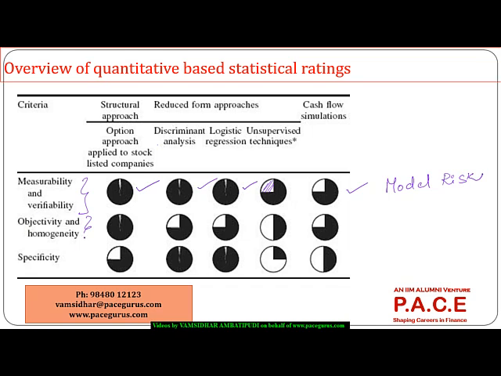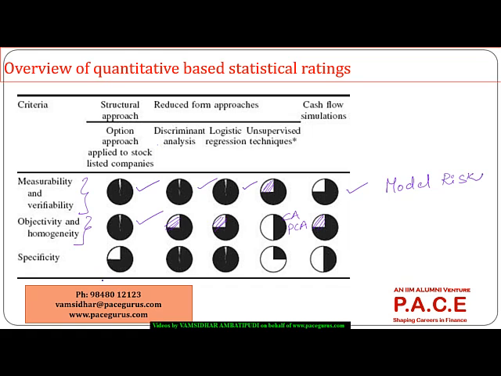Coming to objectivity and homogeneity, it is very much possible in the Merton model, right? It's very objective. Some level of subjectivity exists in both discriminant analysis and logistic regression. There is a lot of subjectivity in unsupervised techniques like cluster analysis and principal component analysis, and in cash flow simulations also there is some level of subjectivity.